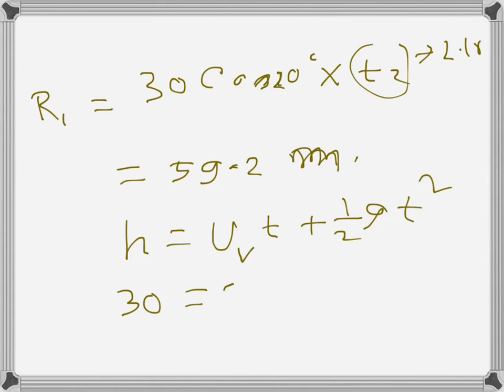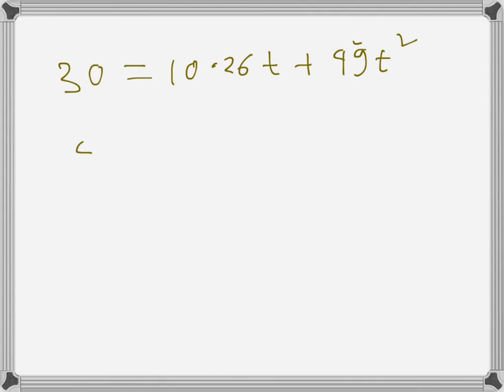So that will be 30 sin 20 degrees times t plus half times 9.8 times t squared. So that becomes 30 equals 10.26 t plus 4.9 t squared. So our equation becomes like this.